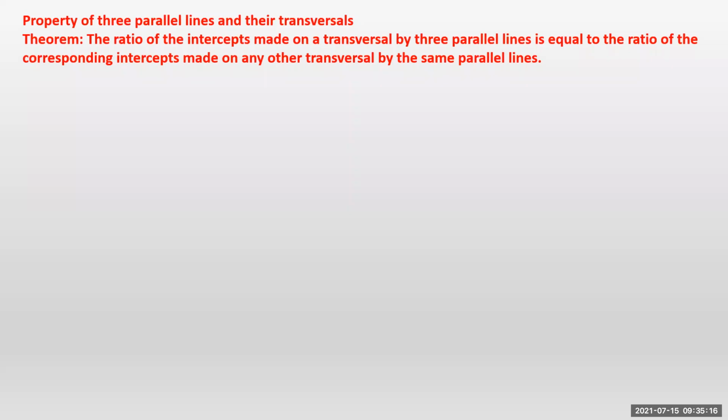And next is the property of three parallel lines and their transversals. The ratio of the intercepts made on the transversal by three parallel lines is equal to the ratio of the corresponding intercepts made on any other transversal by the same parallel lines.